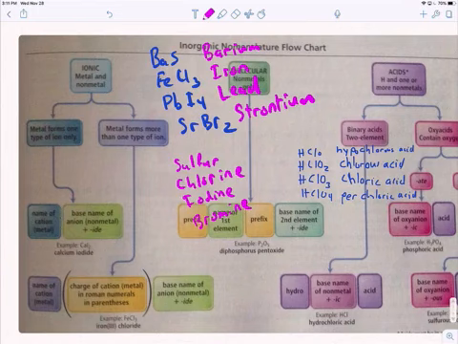I'm writing the elements there. So Ba is barium, Fe is iron, Pb is lead, Sr is strontium, S sulfur, Cl chlorine, I iodine, Br bromine. Just to make your life easier in writing this out.